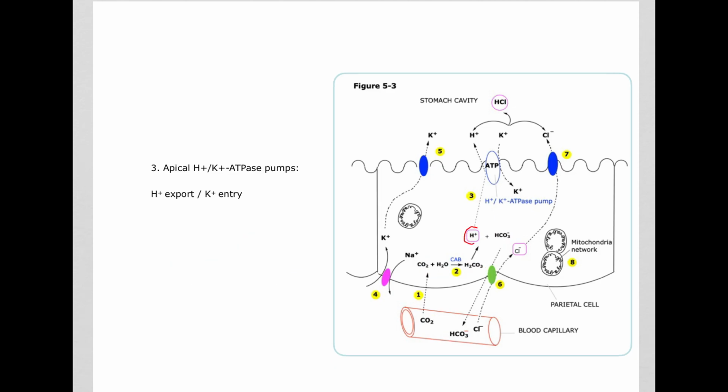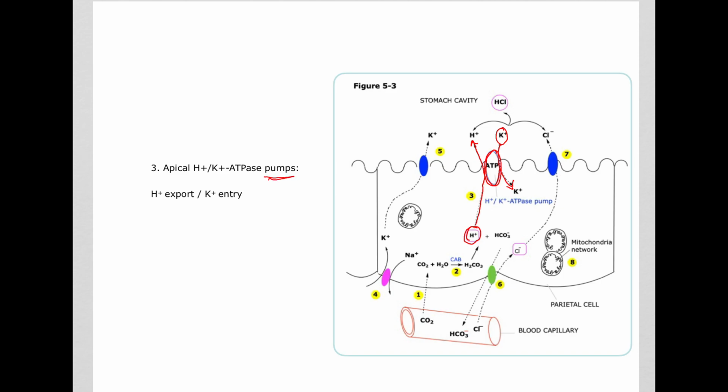These protons that are produced will now be exported out into the stomach cavity in exchange for potassium that will enter the cytoplasm. This exchange is carried out by pumps.